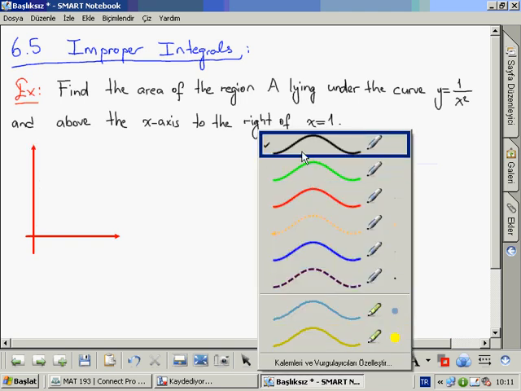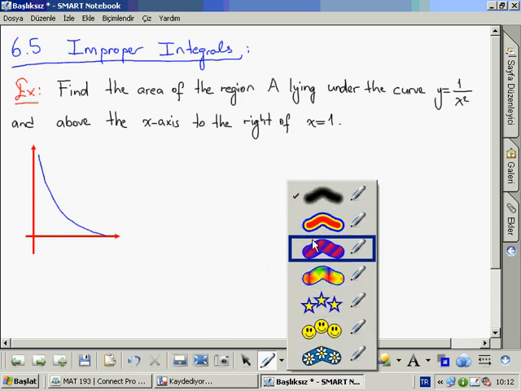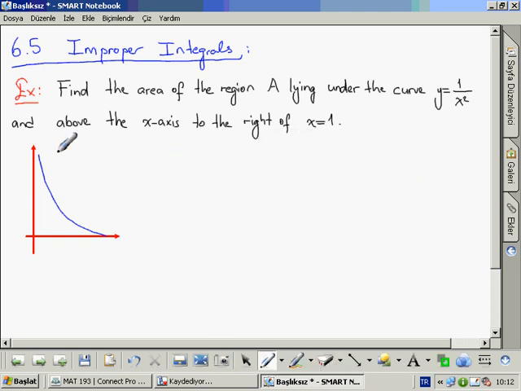Let me sketch the 1 over x squared curve. This value is 1, and this green shaded area is A, and this point is 1.